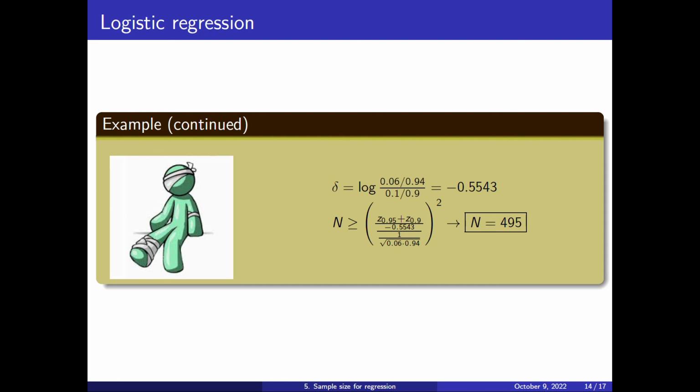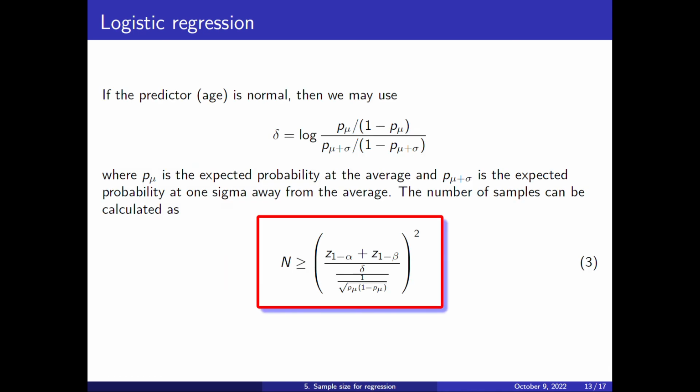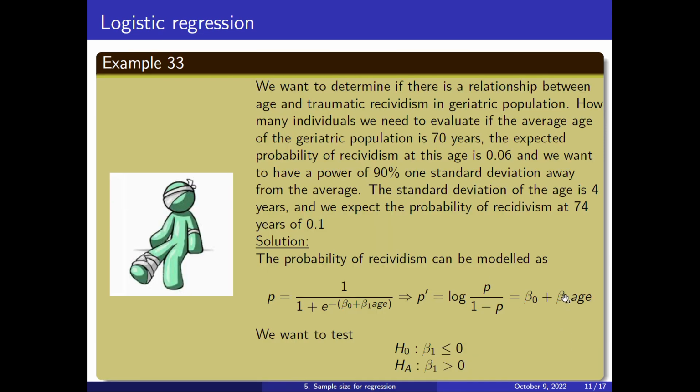So you will have fewer people, more people, younger people or older people, and then you will have to study whether they have had a recidivism in, let's say you have to fix a period, so let's say in 1 year, and then you will be able to make this fitting. With that number of people you will be able to say whether beta 1 is larger than 0 or not.